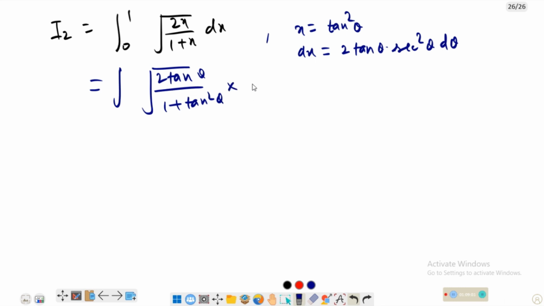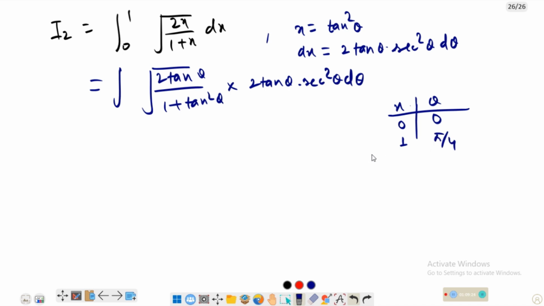into 2 tan theta into sec square theta d theta, and our limit is: when x is equal to 0, then theta is equal to 0, and when x is equal to 1, then theta is equal to pi by 4.